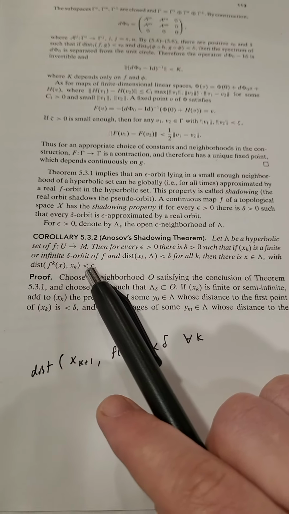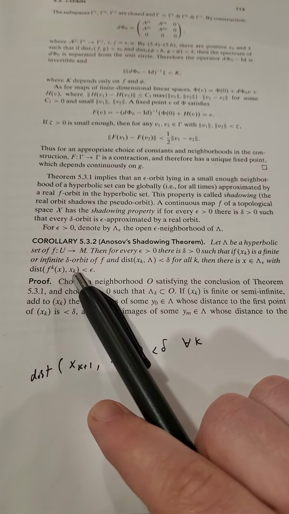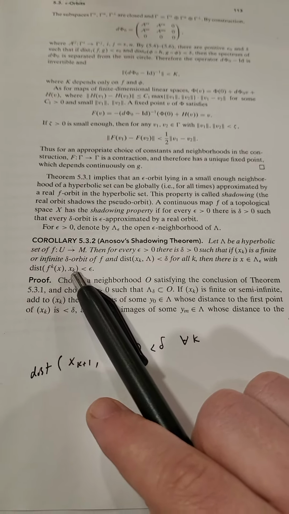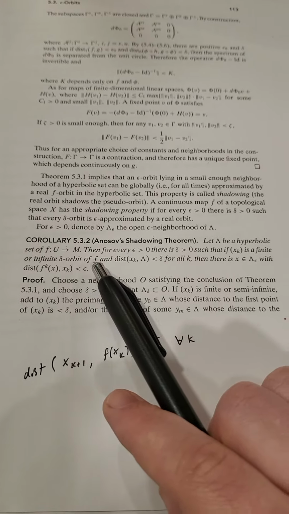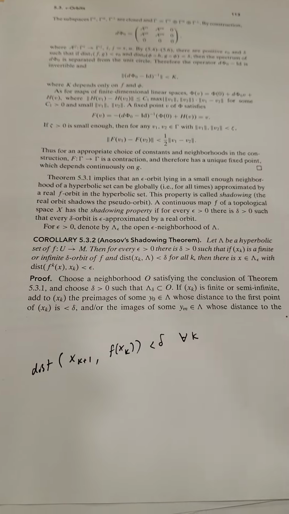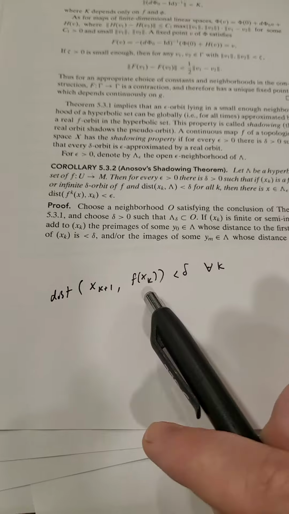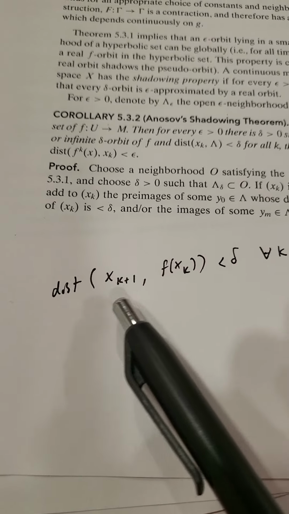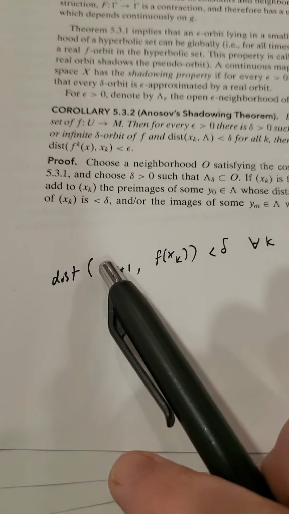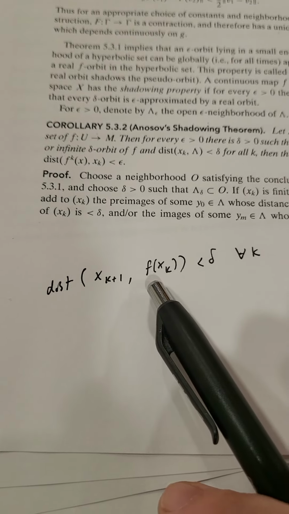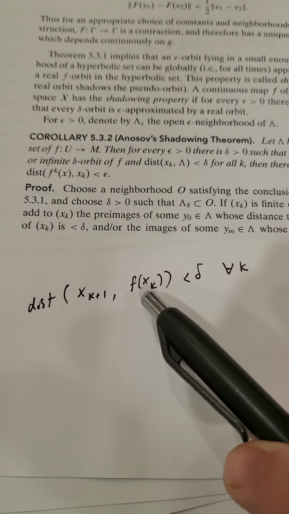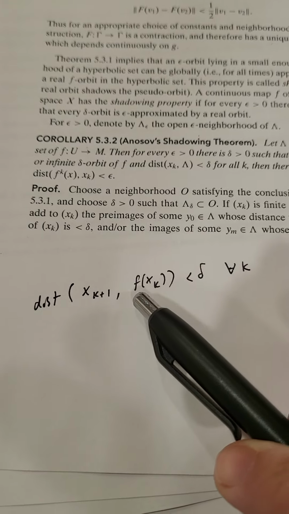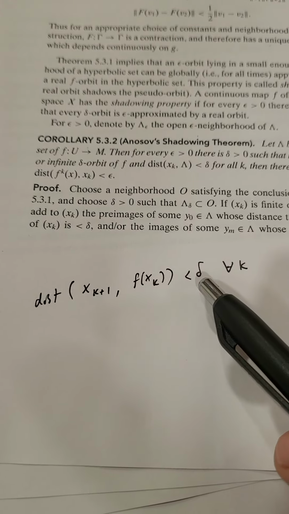stays within epsilon of this delta orbit, which is somehow close to an orbit of f, in the following sense, that essentially the distance between every point in the sequence and the image of the previous point of the sequence under the map f, that distance is less than delta.